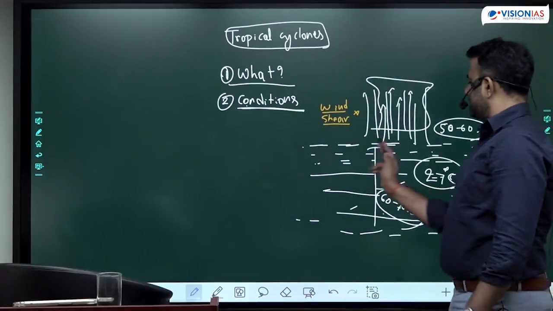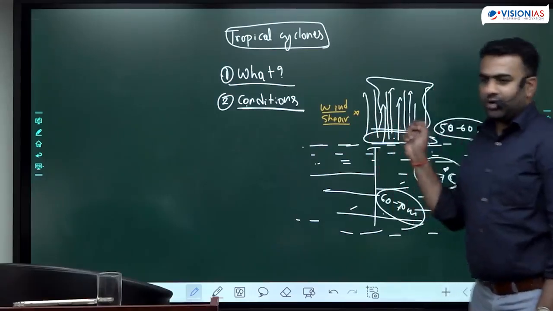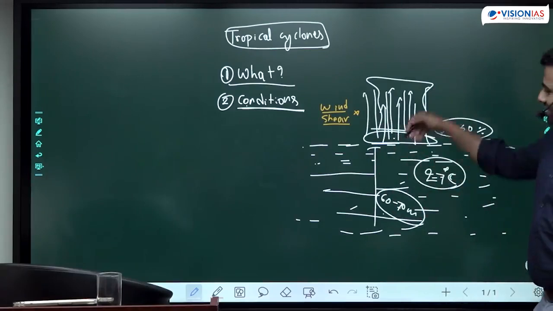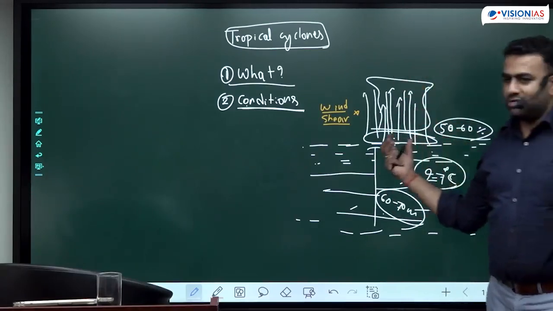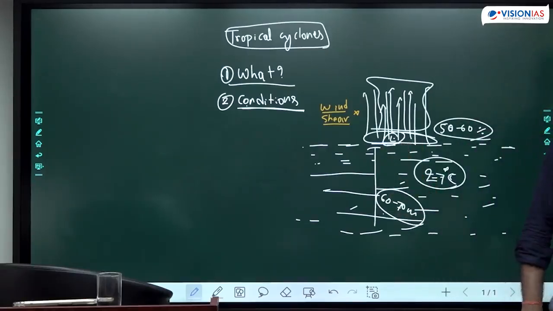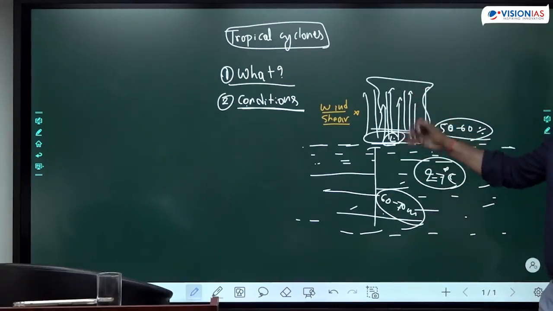So this entire region is filled with the air of high temperature and high humidity and low pressure. For this convection to continuously happen, this low pressure should be maintained. Here the low pressure should be maintained as it is. Okay? And as the air rises up, it takes the moisture.